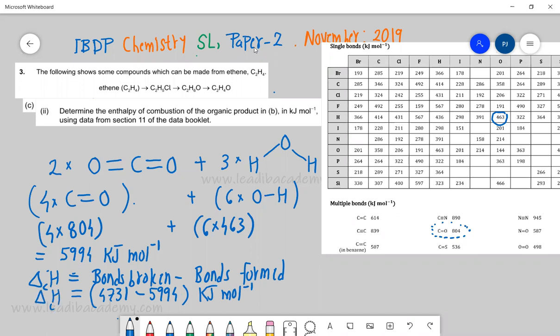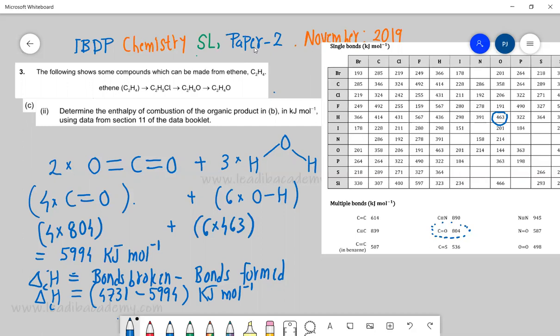Okay, so it was a very good quality question for understanding how to calculate the enthalpy of combustion. You should be identifying all the bonds which are getting broken and formed. So it is important that you should be knowing the molecular structure of these important compounds.